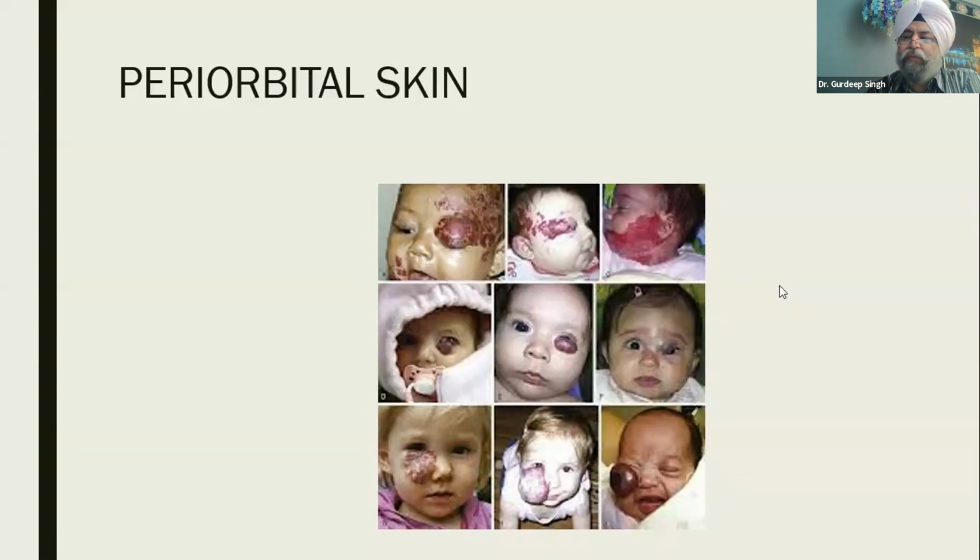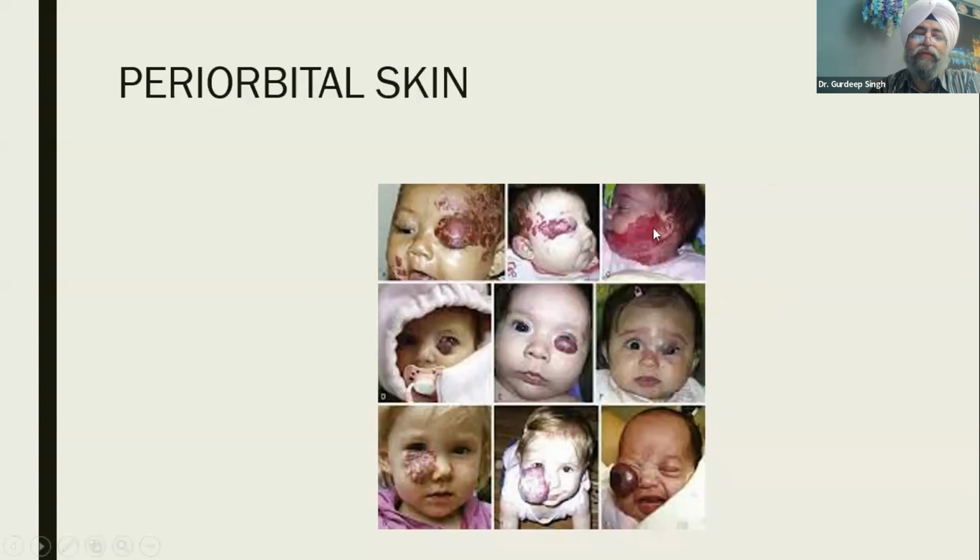In 5% of newborns, you will get some kind of a hemangioma. But in showing these slides, there are only two things which are alarming. One is if you see a hemangioma which is causing the lid to droop down completely, that is definitely alarming, because it is going to cause problems in the vision of the child later on.